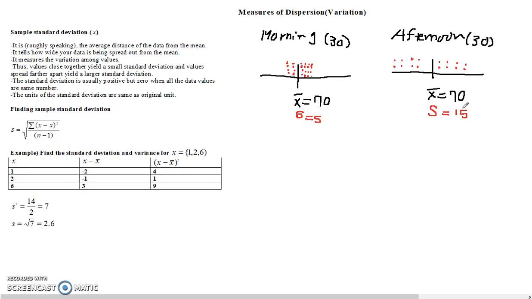If you want to find the actual sample standard deviation, this is going to be our formula. Remember that when we talked about the sample mean, we also looked at the sigma x, right? The sigma simply means add them all up. x is going to represent each score, and then we have a mistake here. That should have been x bar here. I'm going to put the bar here.